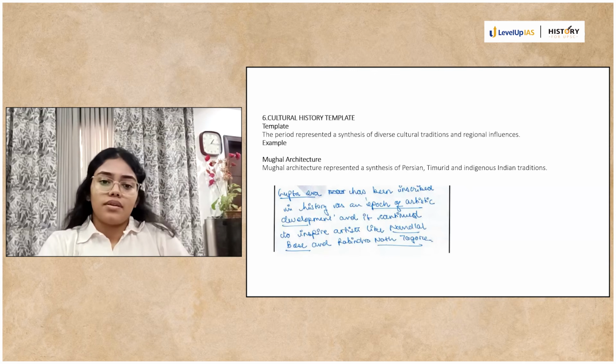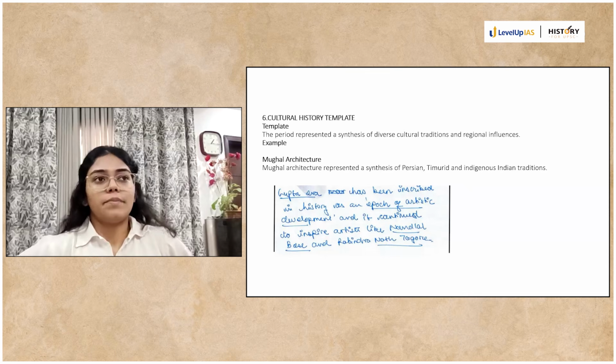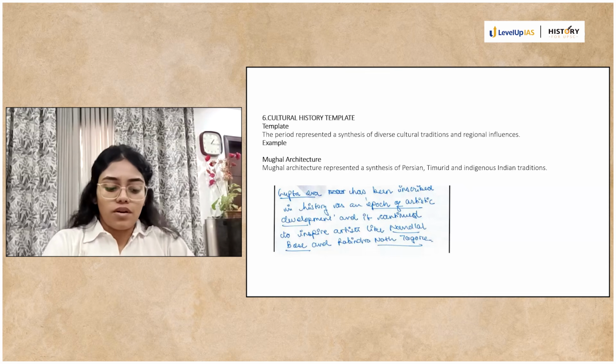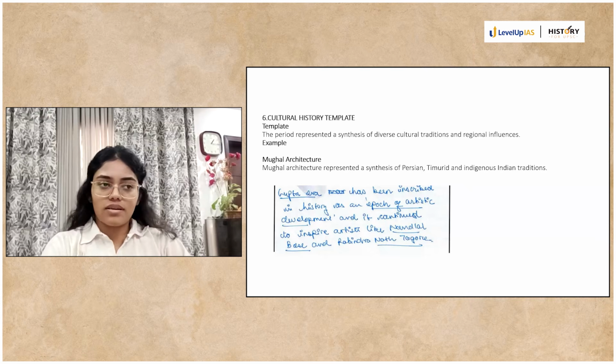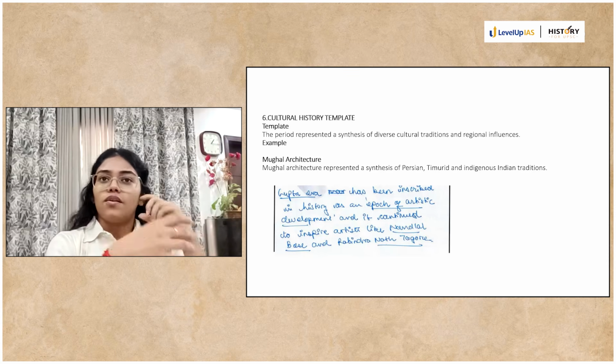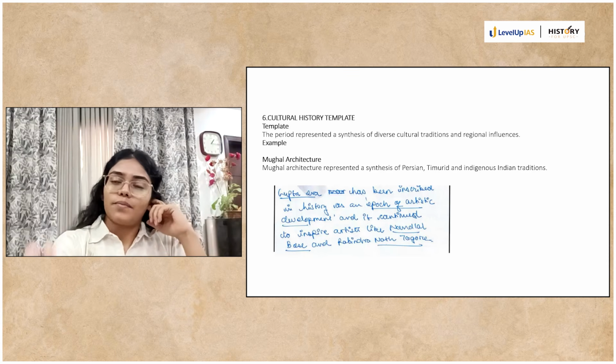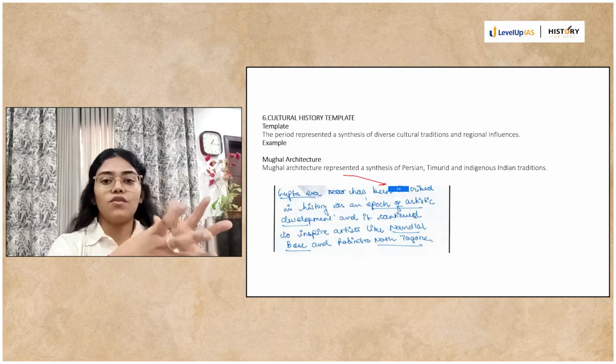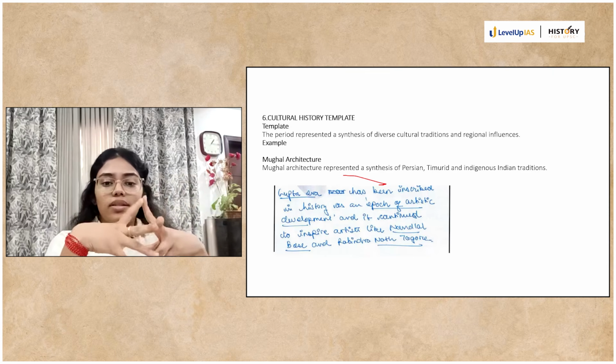Also, sometimes your cultural achievements are not a product of one era, they are a synthesis of a lot of influences. For example, if a question comes on Gandhara or Mathura, you can very well conclude that these were not an outcome of one process, but a synthesis of a lot of regional influences.